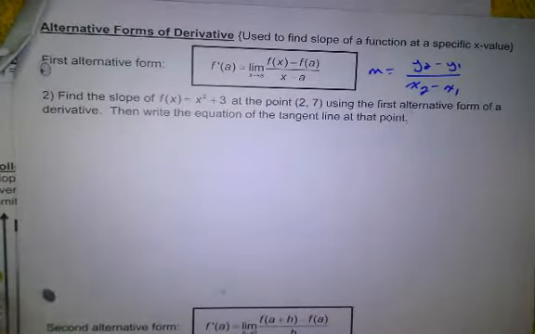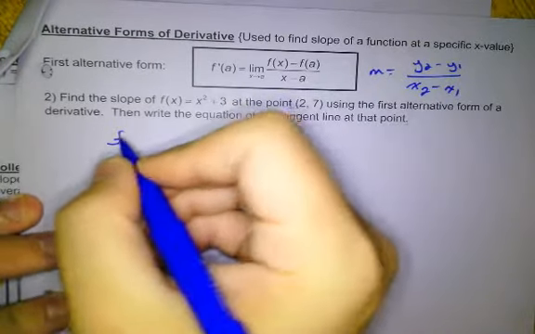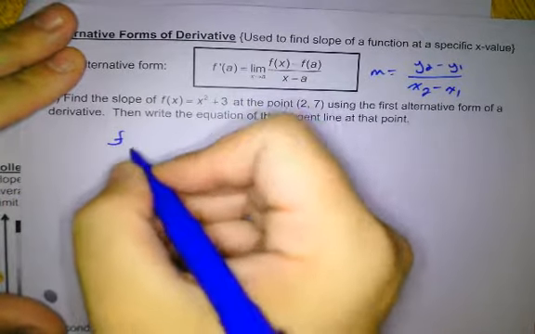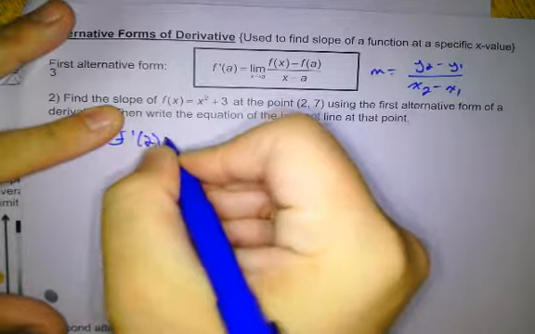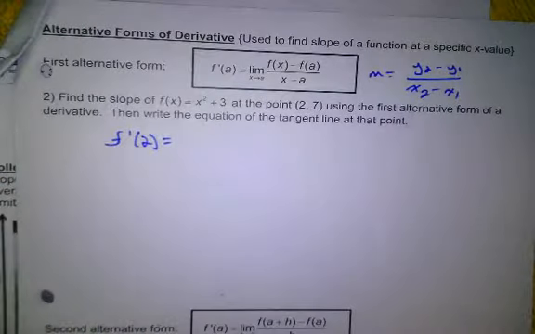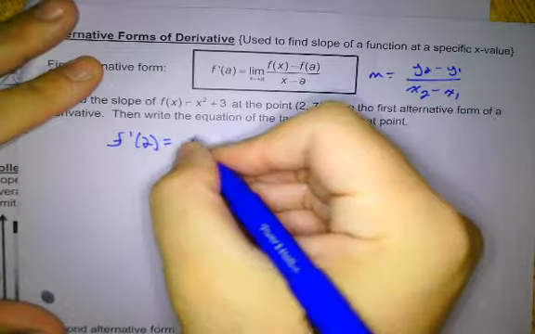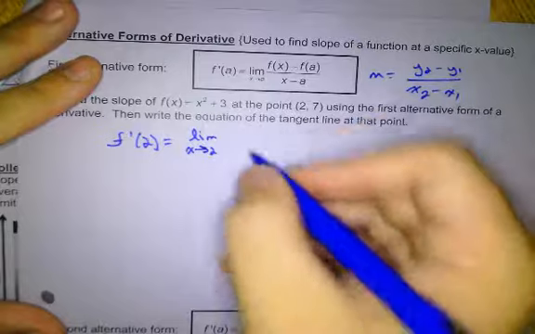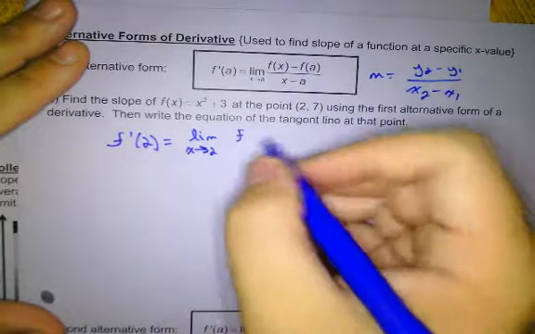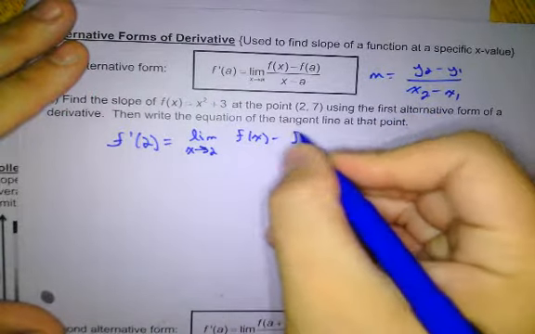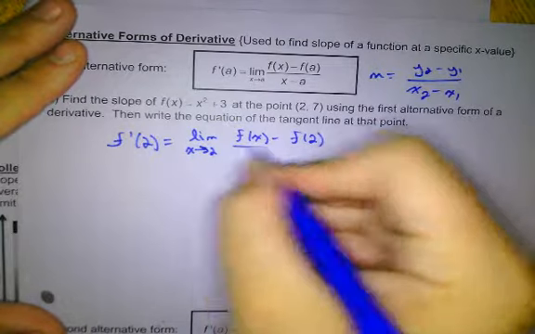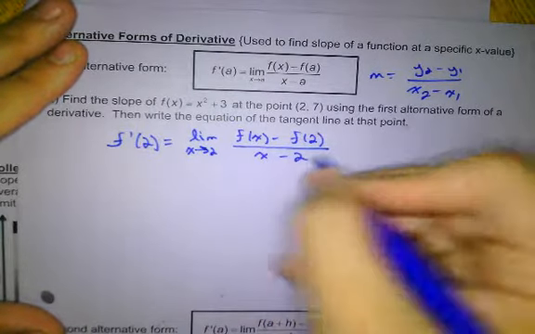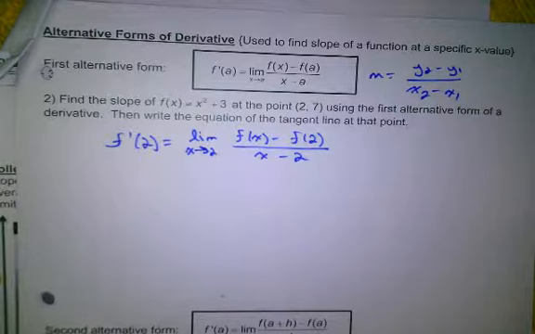Okay? So now, to find f prime of 2, my a values turn into what? 2's. So I'm going to find the limit as x approaches 2 of f of x minus f of 2 all over x minus 2.